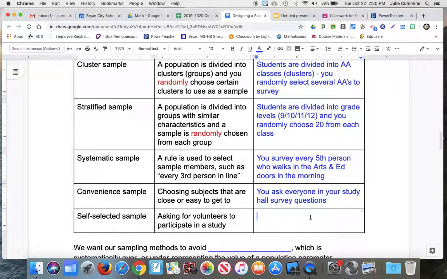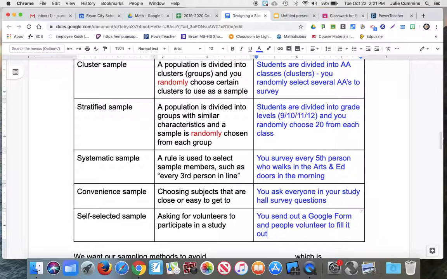And the last one is a self-selected sample, and that's when you ask for volunteers to participate. An example of this is you send out a Google form and people volunteer to fill it out. The problem with self-selected samples is a lot of people ignore them.